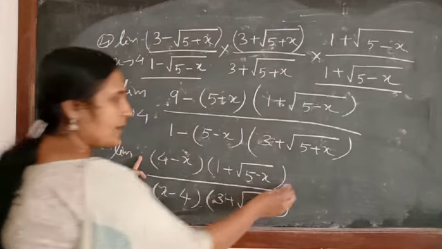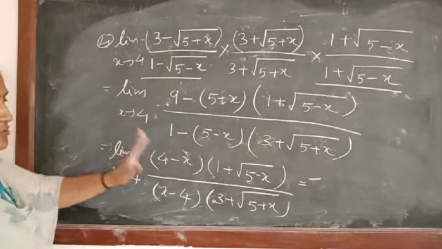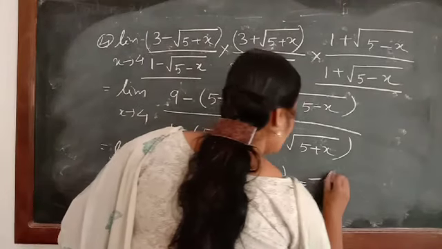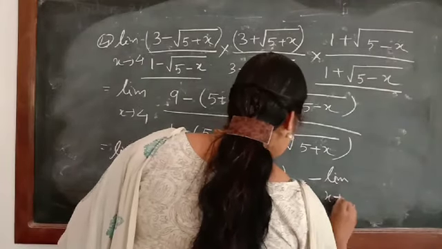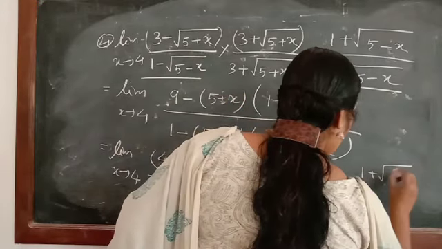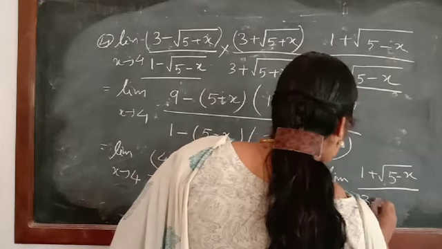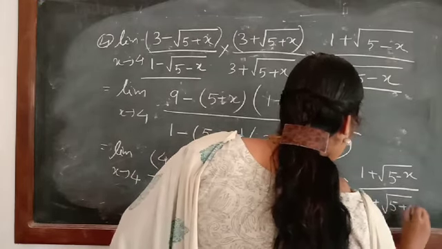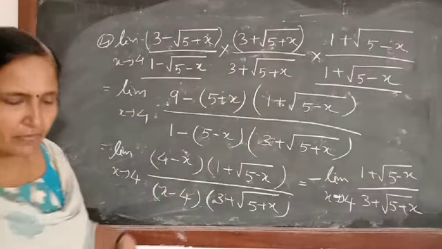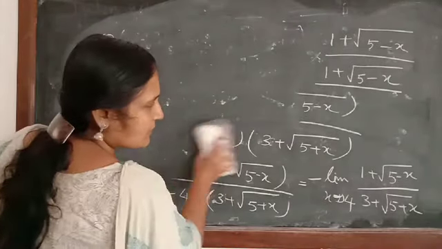So in the next step, I am just writing a negative sign here and we are assuming that these two are cancelled. So the remaining expression is limit x tends to 4, 1 plus square root of 5 minus x by 3 plus square root of 5 plus x. Now what we will do? In place of x substitute 4. So check what will come.